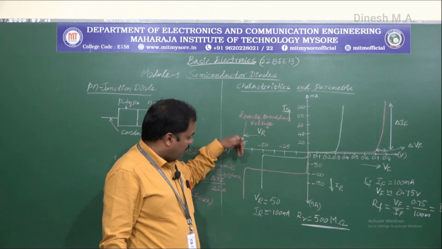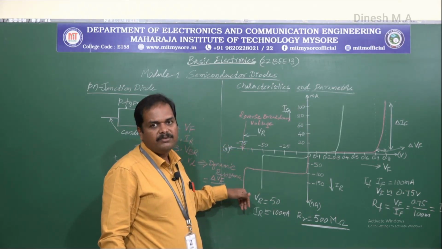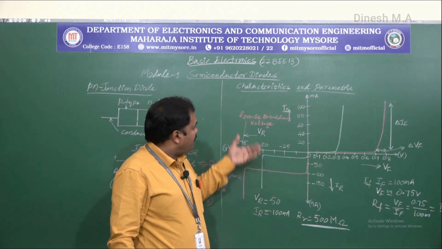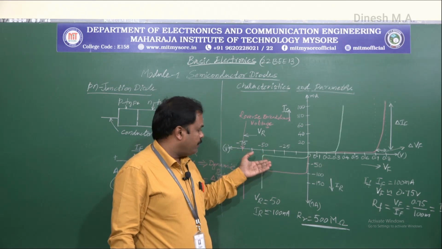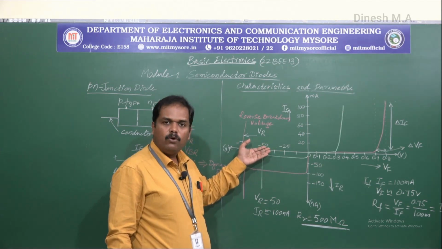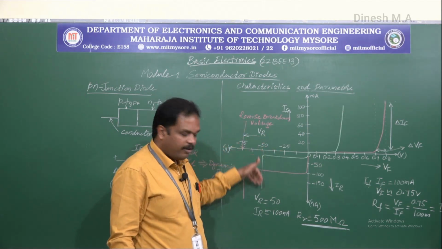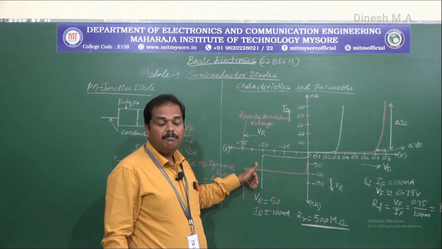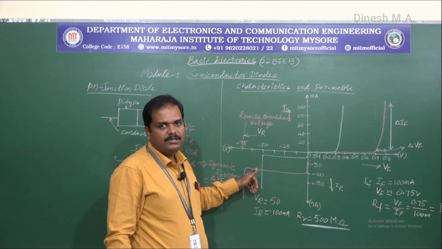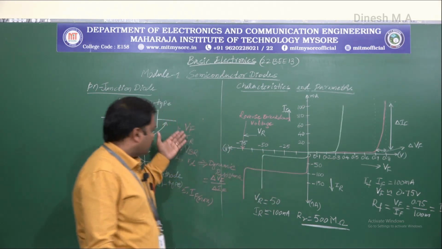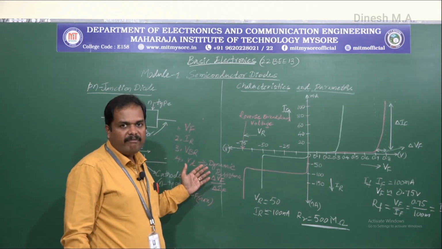So there is a sudden increase in the reverse current. And this VBR is 50 volts for any germanium diode, and as soon as we reach 50 volts on the reverse scale, there will be a breakdown occurring, and because of that, a sudden increase in the reverse current happens. And these are the diode parameters what we have discussed.